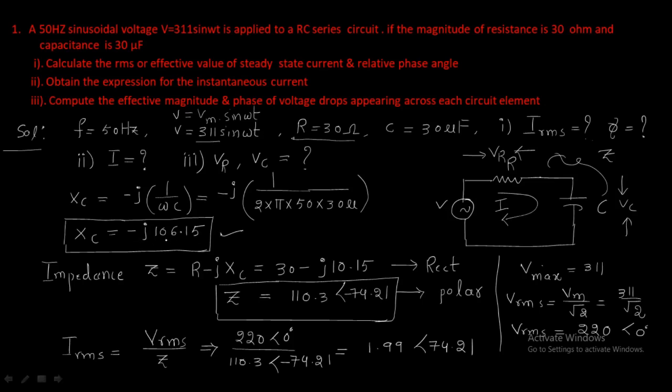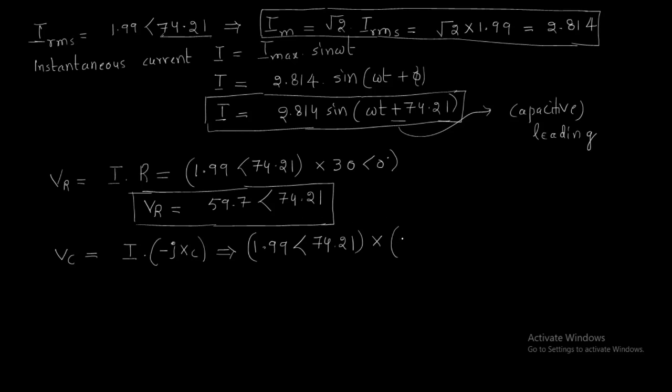XC value is 106.15. Better to write it here so there is no confusion: minus j106.15. So we can simplify this.